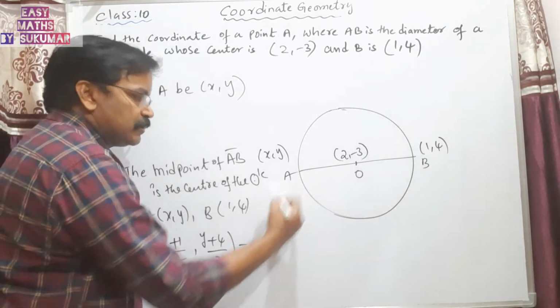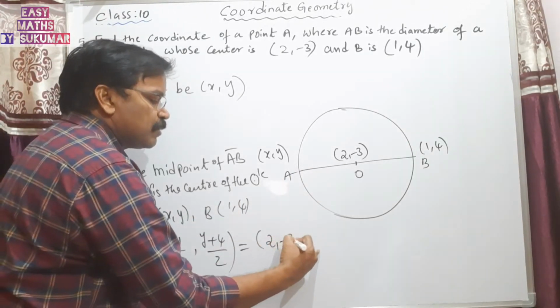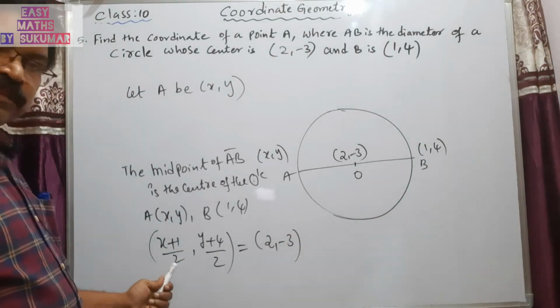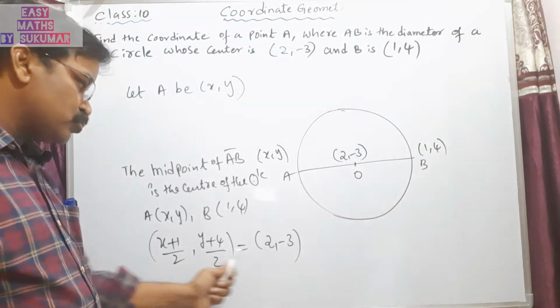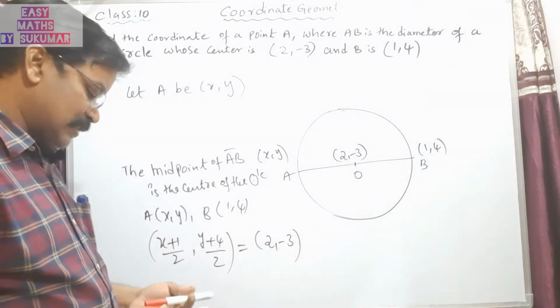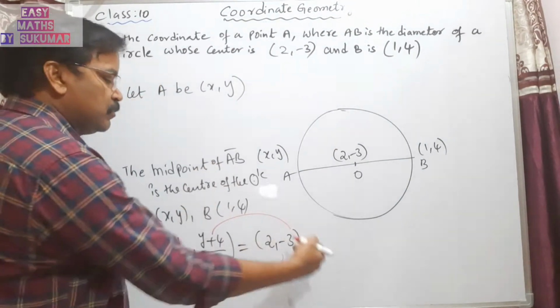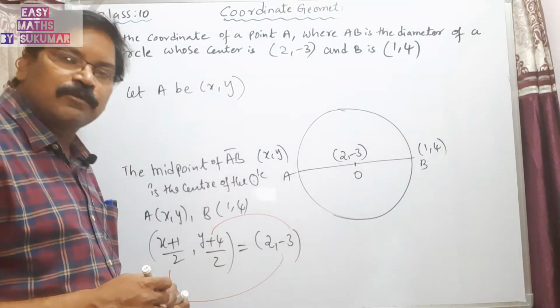So this is equal to (2, -3). So my dear students, the abscissa should be equal to the abscissa of the right hand side, and this ordinate should be equal to this -3: (y plus 4)/2 is equal to -3.